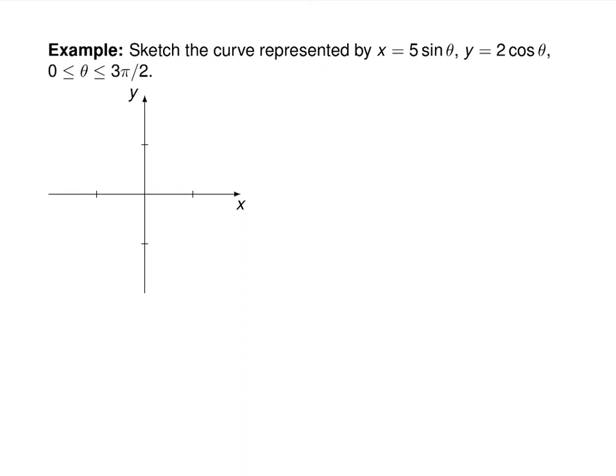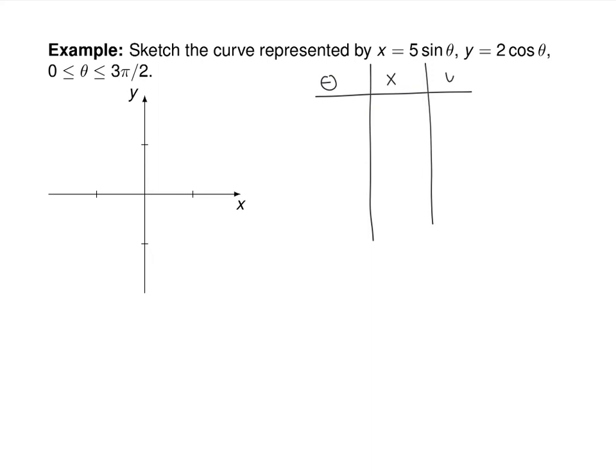All right, let's sketch the curve represented by x equals 5 sine theta and y equals 2 cosine theta on the interval from 0 to 3 pi halves, and then we're also going to eliminate the parameter here. Okay, so let's make a table of values. We have theta instead of t, but that's no big deal.